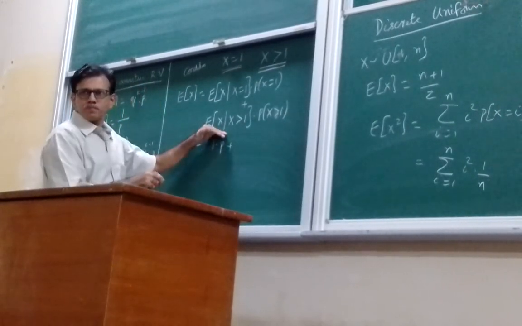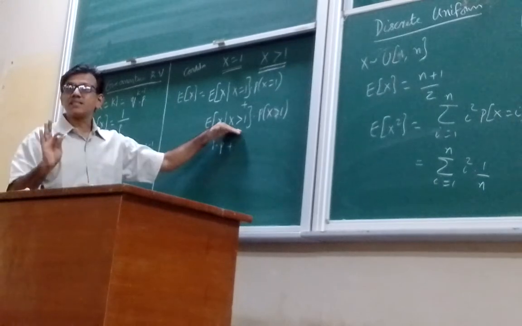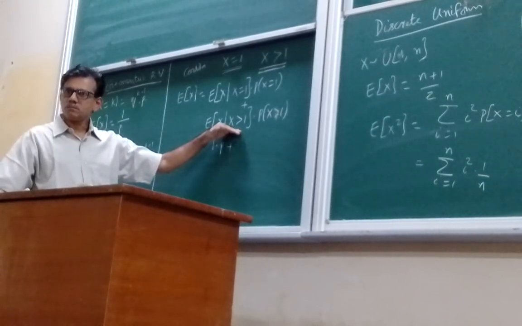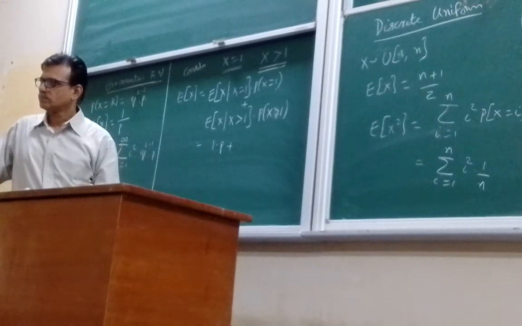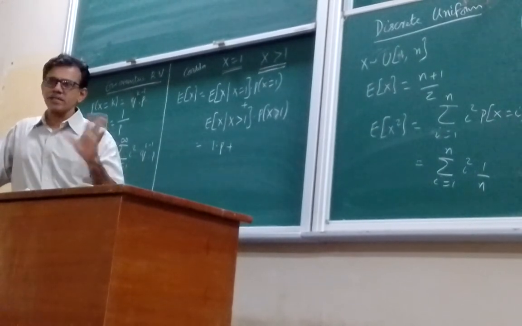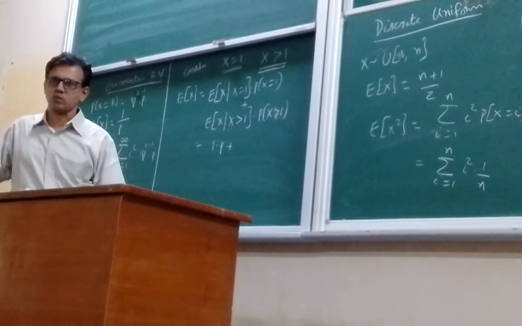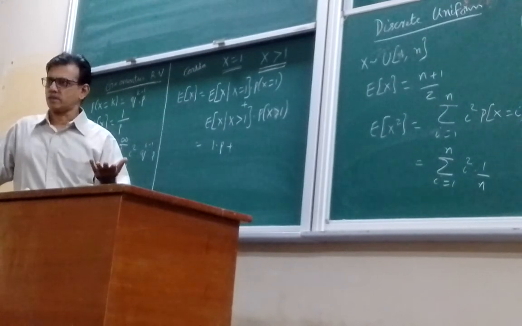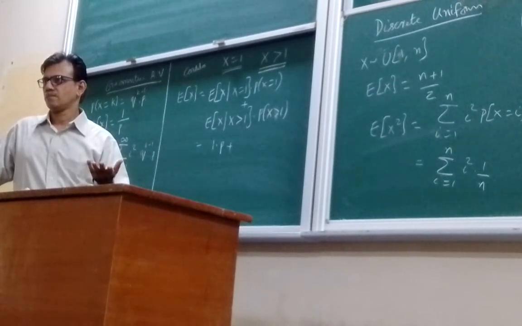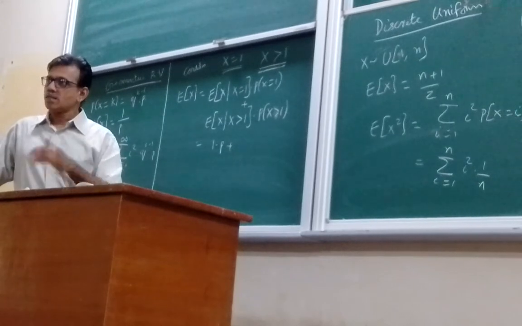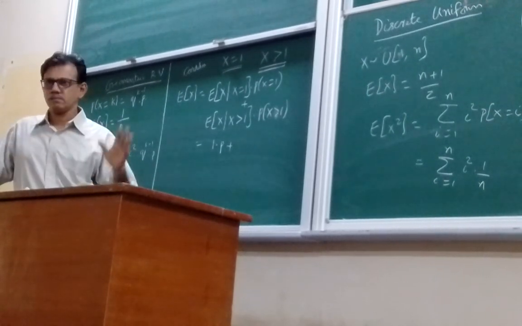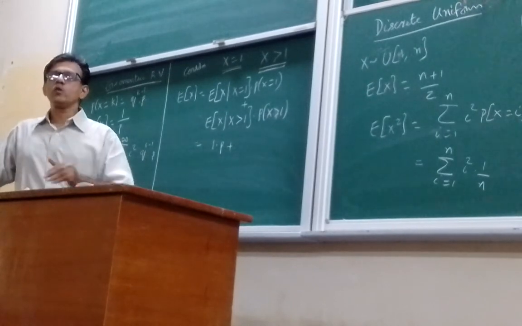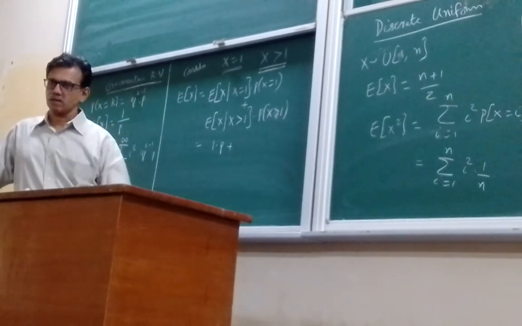And this one, given that x is greater than 1, what is the expected number of trials you have? You know that success has not occurred in the first trial, so one trial is wasted. Then you have to wait for the success to occur.